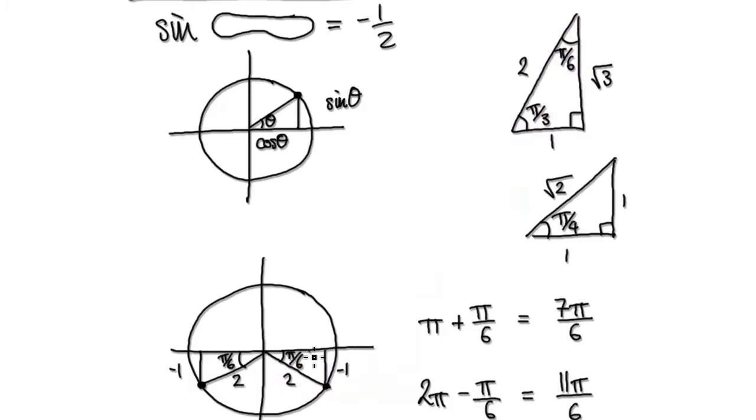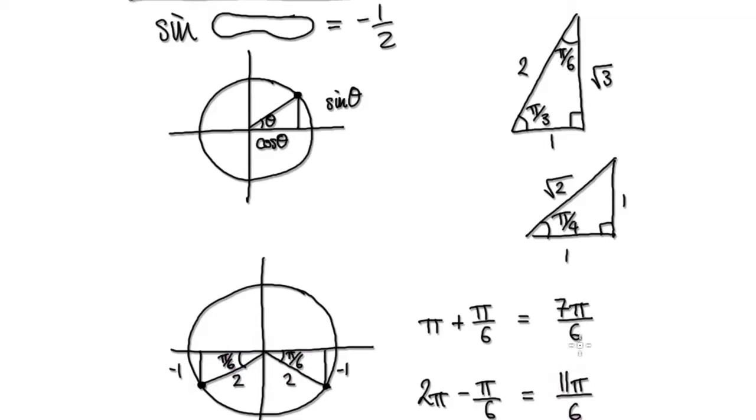So to get this angle all the way around, we would get the whole circle, which would be 2 pi, and then take away this angle here. That will then give us this. So this thing here represents the angle from here all the way to here.